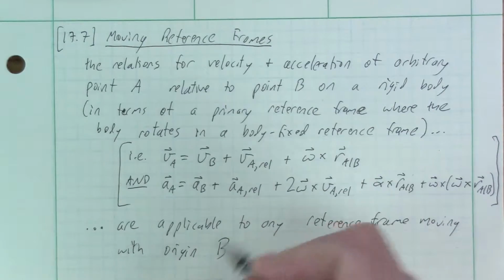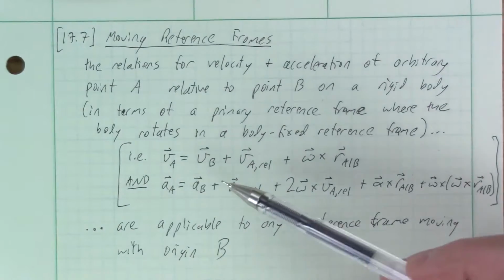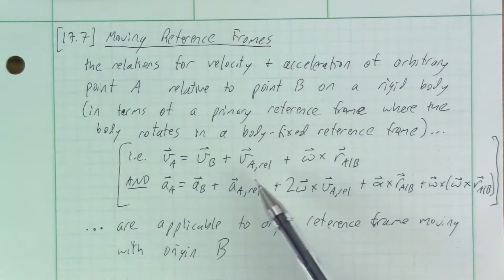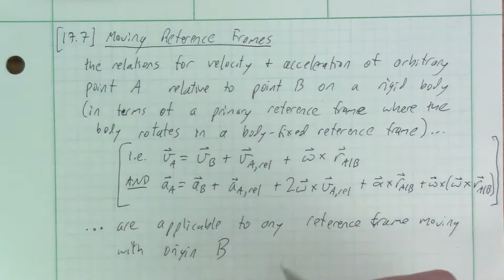Like in our example, B would be the reference frame in which we take A's motions relative to. So that's going to be applicable here, right? B will have whatever origin of the reference frame we choose. Well, let's choose it to be B, is basically what we're saying here.